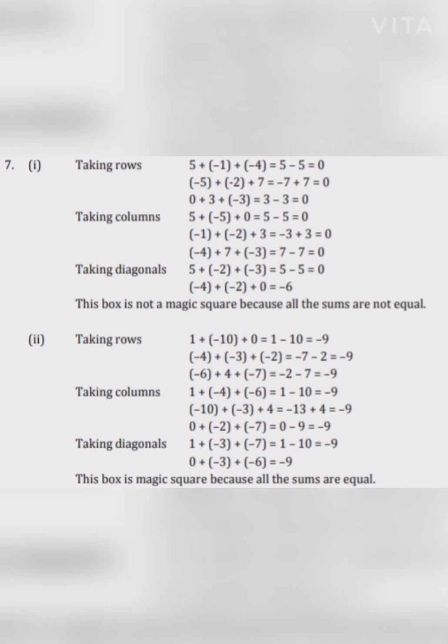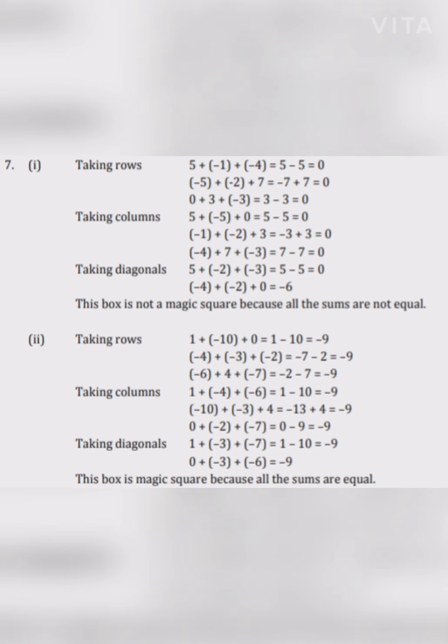So taking rows, 5 plus minus 1 plus minus 4 will be 5 minus 5, which is equal to 0. Minus 5 plus minus 2 plus 7 will be minus 7 plus 7, which is equal to 0. 0 plus 3 plus minus 3 will be 3 minus 3, which is 0.